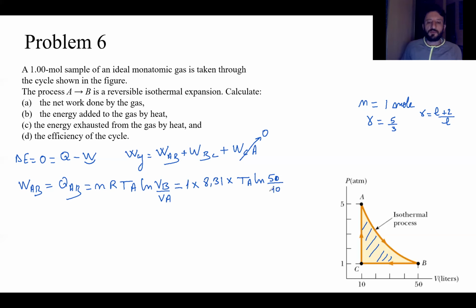We don't need to convert the unit to meter cube because we can eliminate 10 power minus 3, 10 power minus 3. To calculate omega AB, we have to find TA.